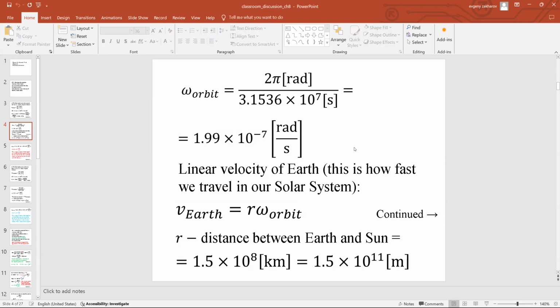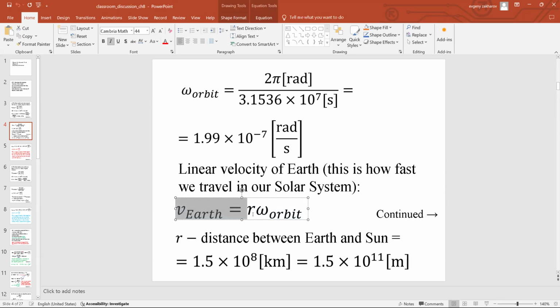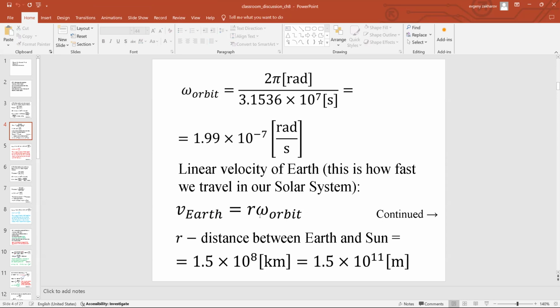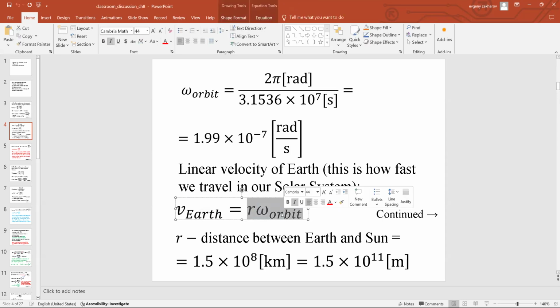And remember, we discussed the free fall, and I said that the Earth travels very fast in its orbit. Well, that travel, it's not the rotation, it's the linear velocity, that is the tangential velocity. And there is a connection between linear velocity and angular velocity as r omega. We just discussed it in lectures, r times omega.